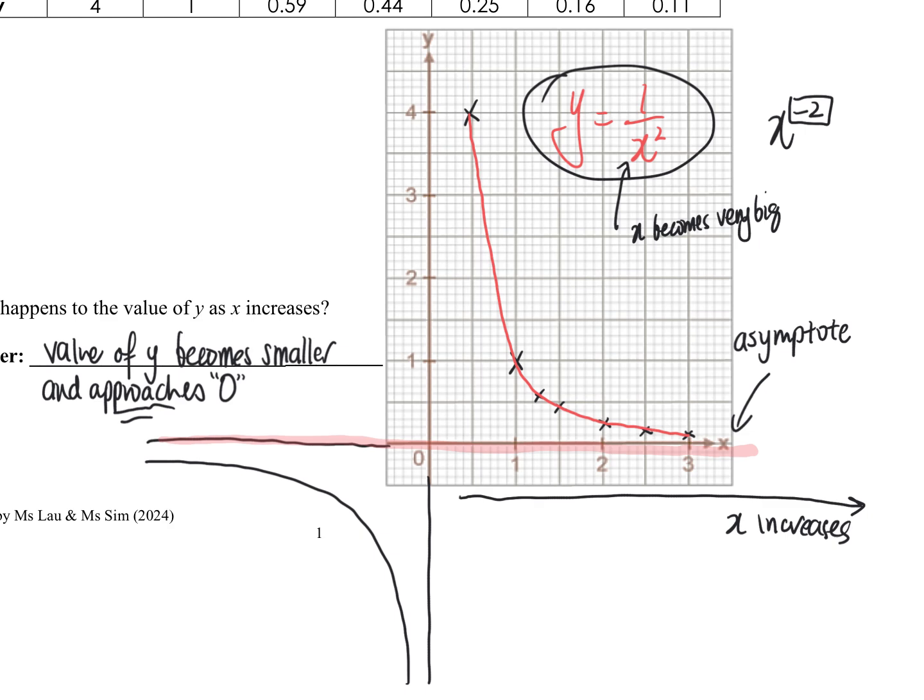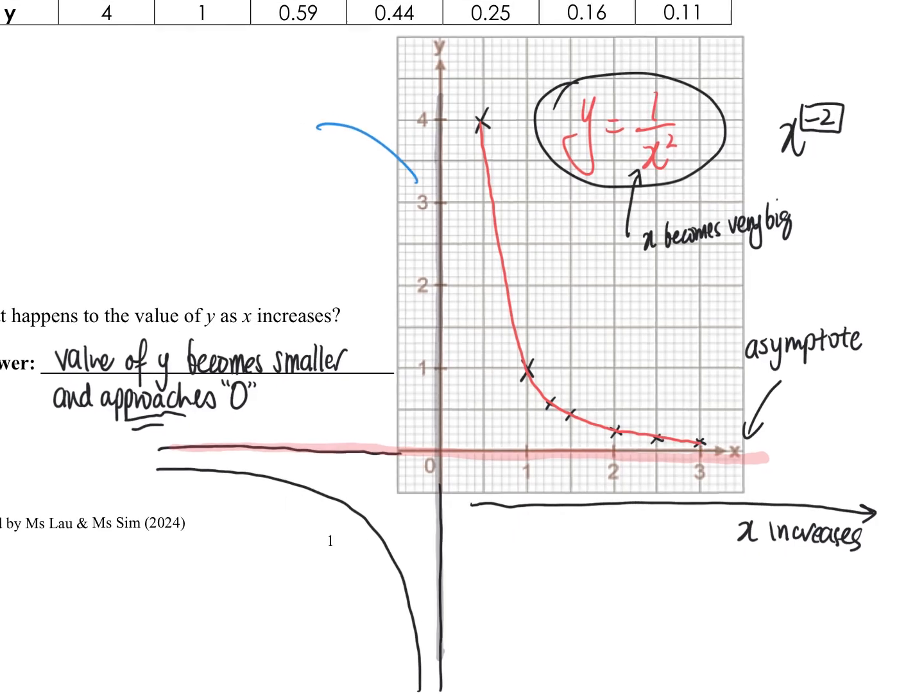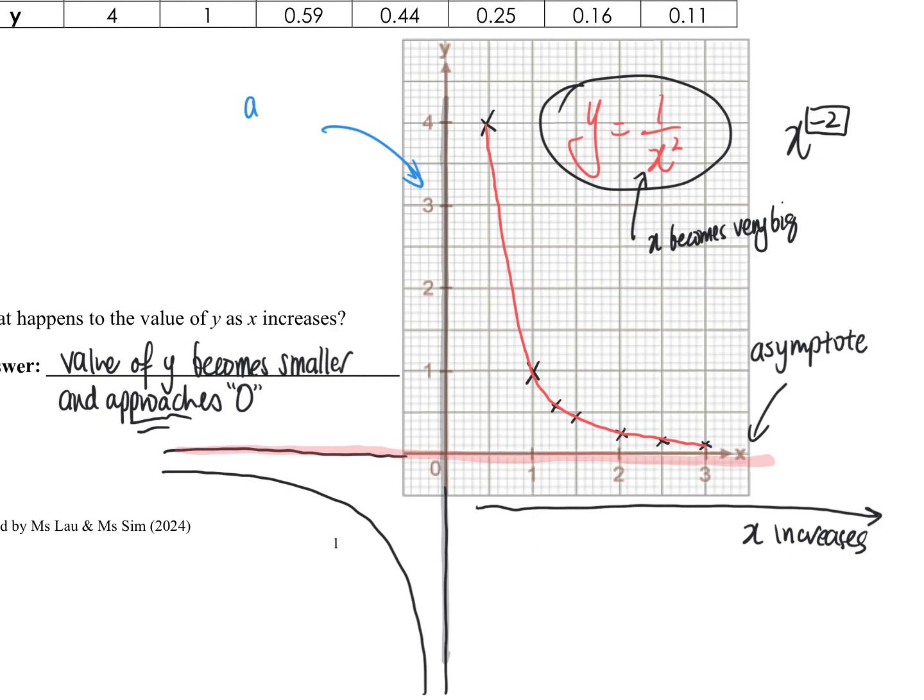No solution, okay? So it is never the case where you will ever get x equals 0. So, in other words, this line here, okay, this line here is also the asymptote.